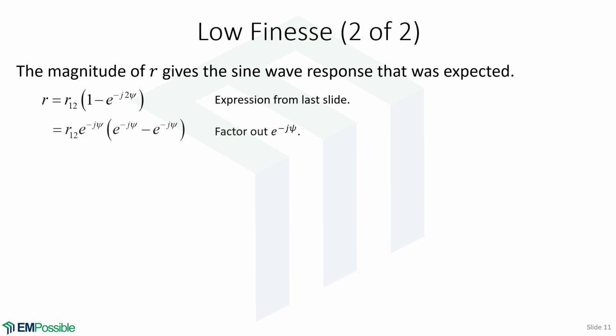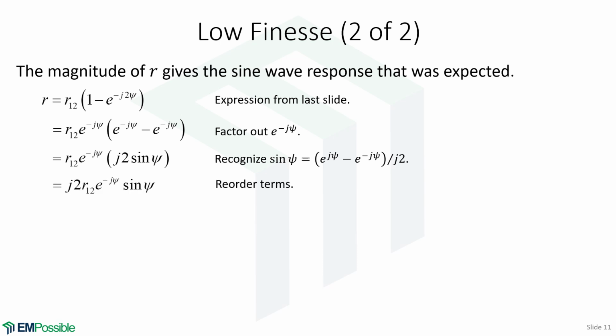Well, I can actually do that if I factor out an e to the minus j psi from what was in this term. So the term on the right ends up just being an e to the minus j psi, because when multiplied by this one, I'll get the minus j2 psi. But this one over here is an e to the positive j psi. Now, recognizing the trig identity, this combination of exponentials ends up being j2 times sine of psi. And there's the introduction of the sine.